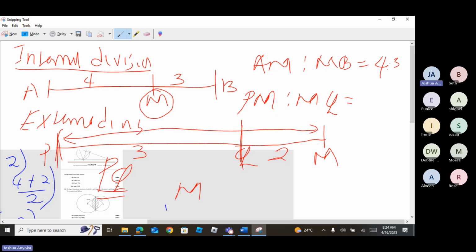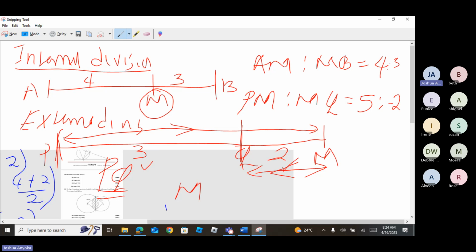in total we have 5 divisions. That is 3 plus 2. From M to Q, we have 2 divisions, but our direction was PQ, and now we are moving MQ. It is against the direction, so we indicate a negative on 2.